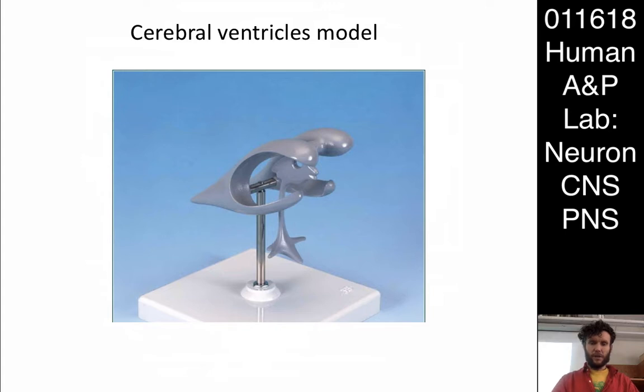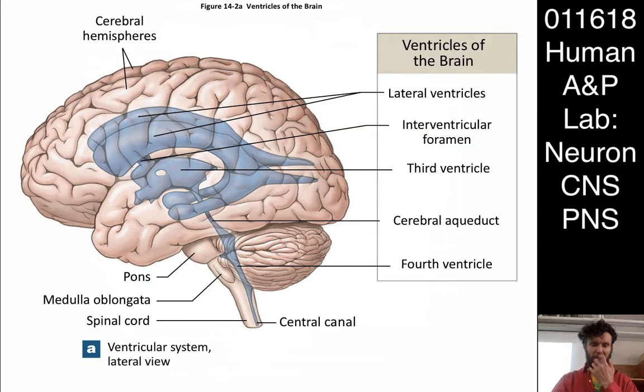Here are the ventricles. So a little moose. There are the two lateral ventricles, left and right. Then there's the third ventricle, and it has this little hole there, the eyepiece of the moose, which is where the massa intermedia of the two thalamuses connect. It goes down through the cerebral aqueduct down to the fourth ventricle, and then finally into the central canal of the spinal cord.